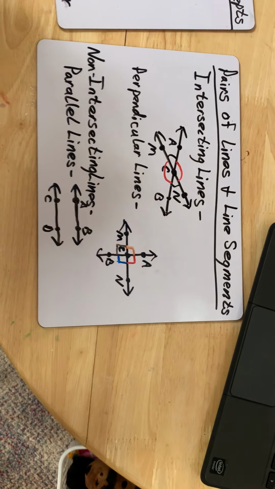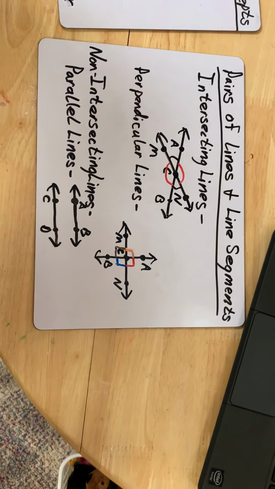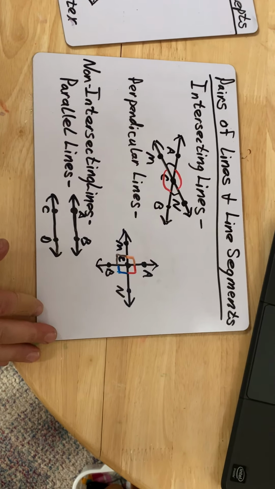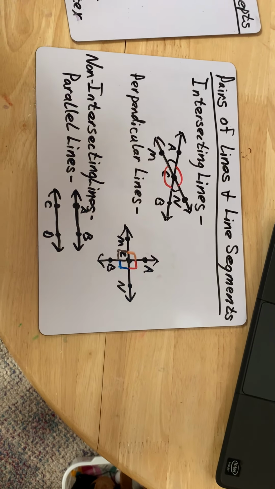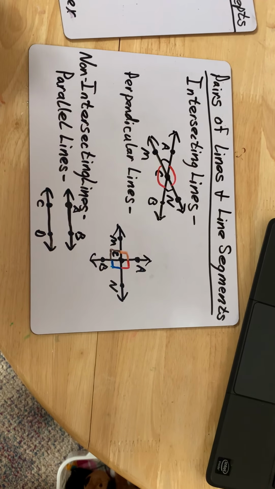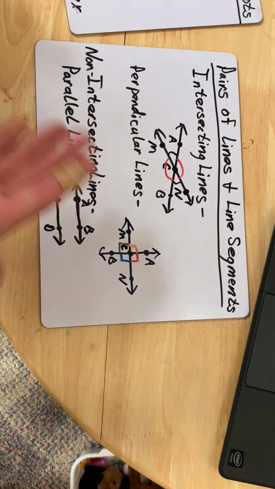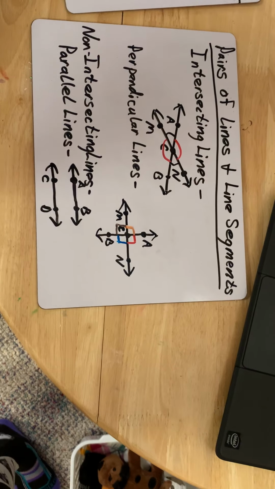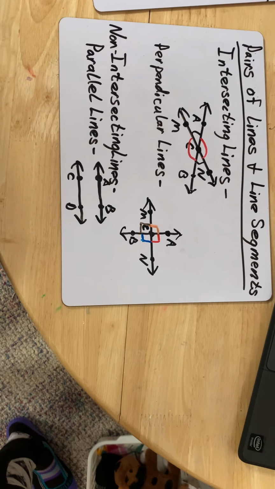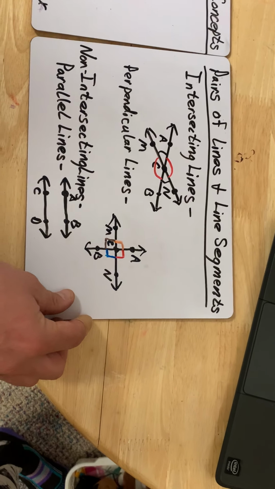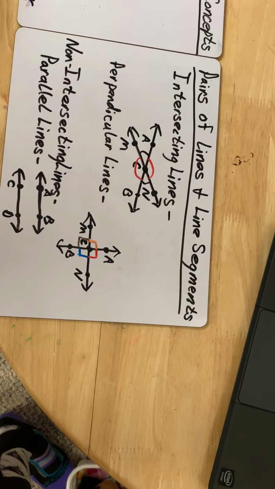Okay, so they run infinitely in both directions without intersecting. So they will run infinitely without having an intersection point or contacting each other. Okay, parallel line segments, all right, or just segments, parallel segments, will run to their endpoints without intersecting. And if they were to run through those endpoints, they would never intersect.